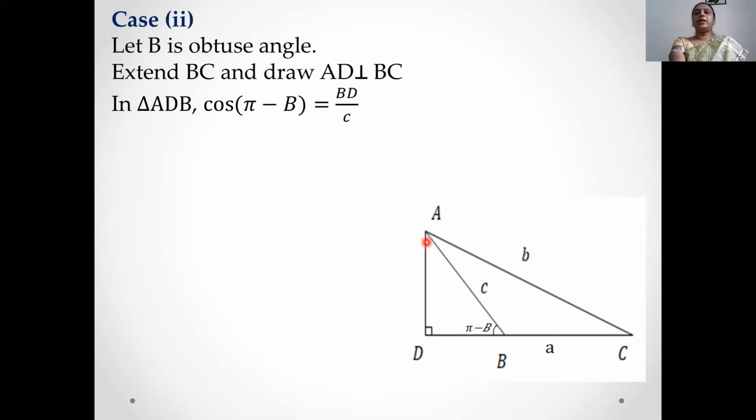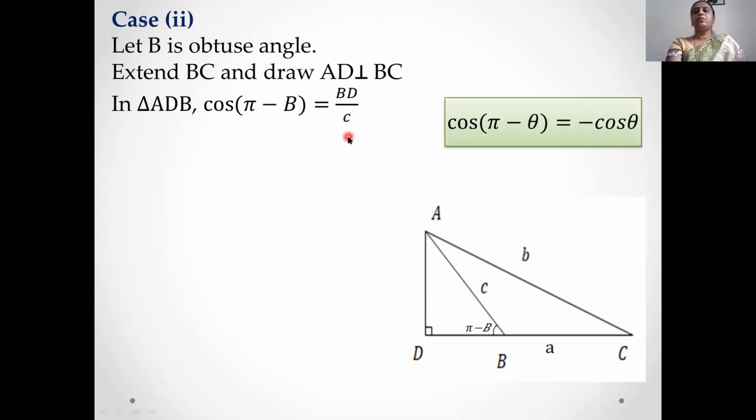Now in triangle ADB, cos of pi minus B must be adjacent side divided by hypotenuse. Adjacent side is BD. Hypotenuse is AB, that is c. Therefore, in triangle ADB, cos pi minus B is equal to BD divided by c.